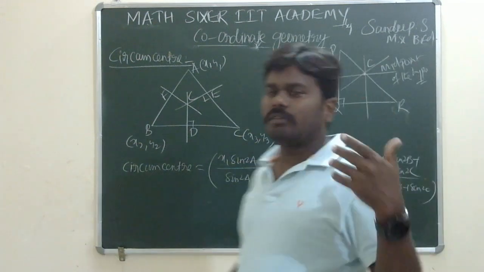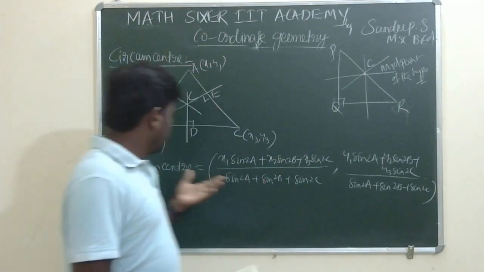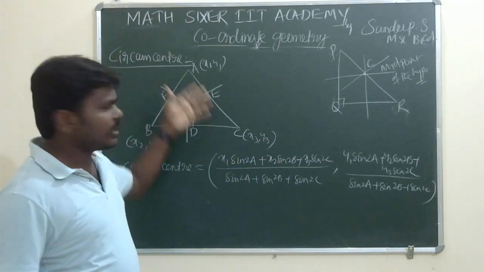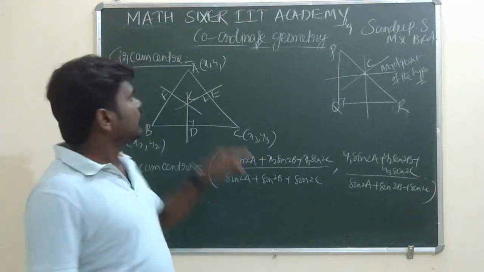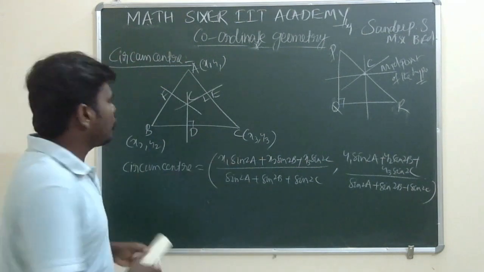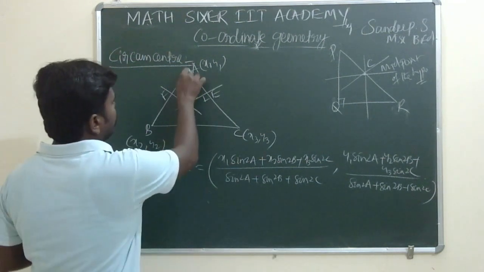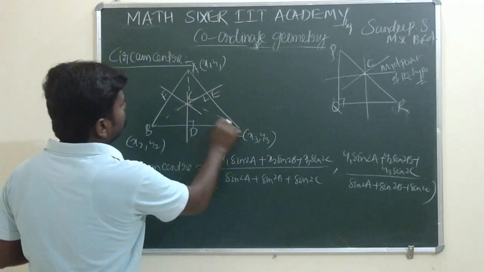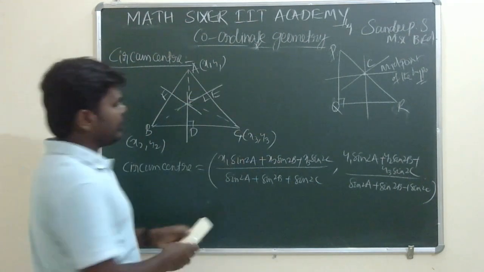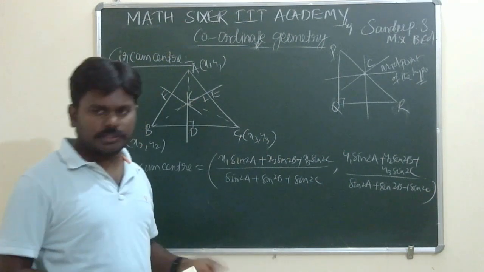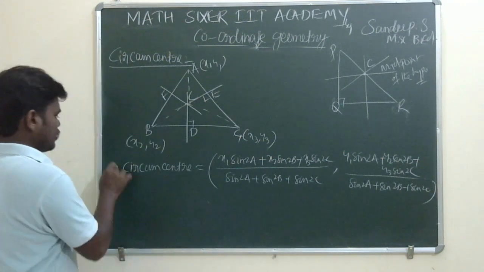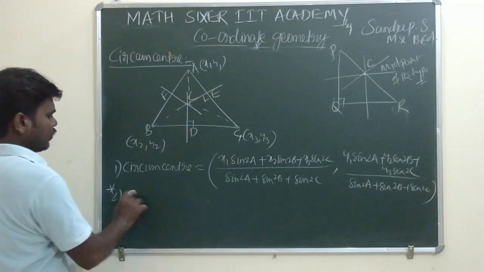If not, when the values of A, B, C and also the angles are given, then we have to use this formula. Otherwise, if only the vertices are given, we have to use that this C is equidistant from all the vertices. Here also you can take C1 instead of C, because here we have already taken C as a circumcenter.